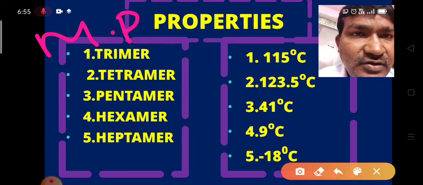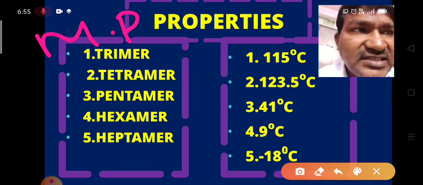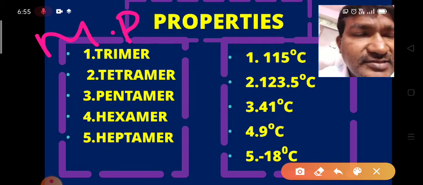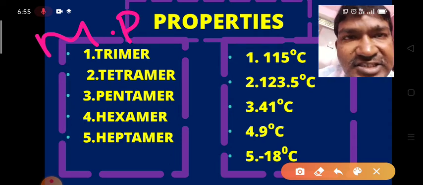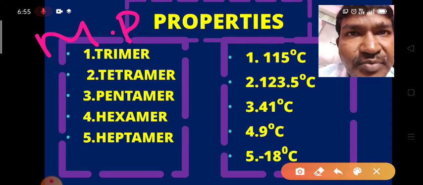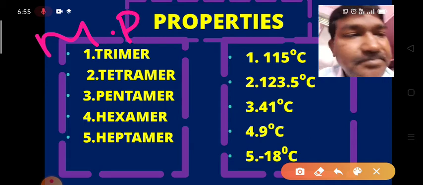So we can say that as the chain length increases, the melting points decrease. That is a very interesting point to remember: as the chain length increases, melting points gradually decrease.